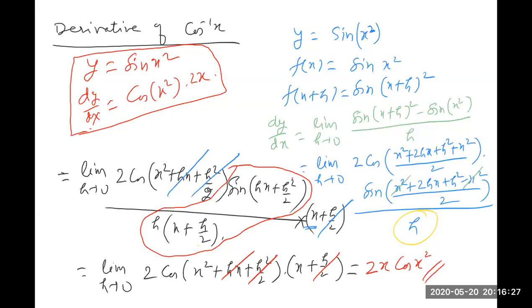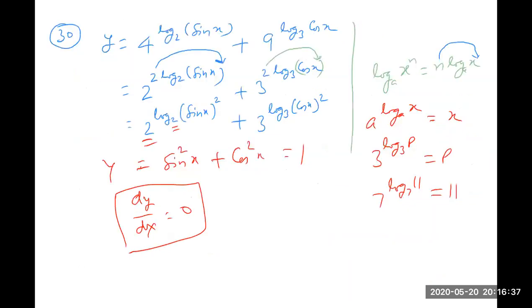So last is the derivative of exponential functions. Find the differential coefficient of a raised to power x, where a is greater than 0 and a is not equal to 1.